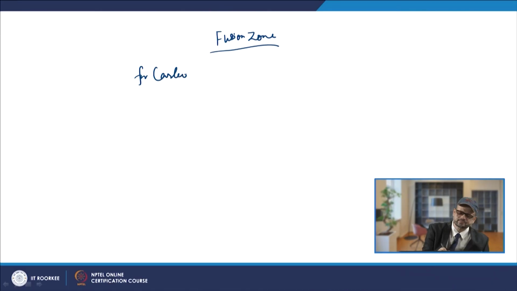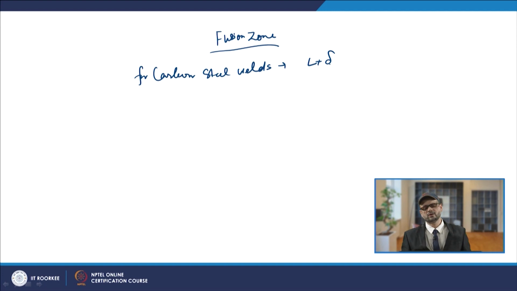Now, if you talk about carbon steel welds, then the liquid plus delta ferrite zone is the zone that is represented as the fusion zone.